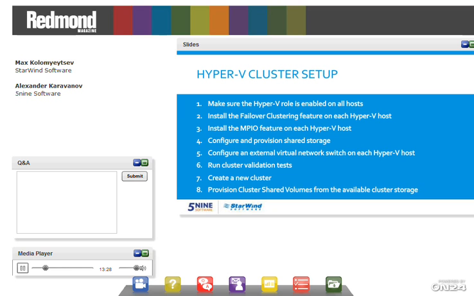In case you're running StarWind Virtual SAN, this is the moment where you install the software and turn your local storage into a shared storage pool. After that, you configure an external virtual network switch for each host so that our virtual machines in the cluster have a gateway outside and can actually work with clients.